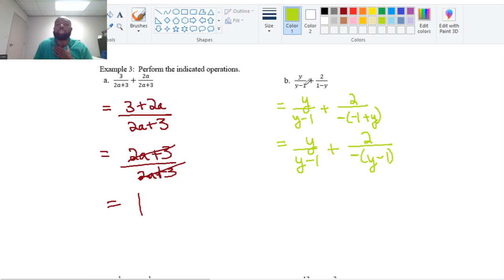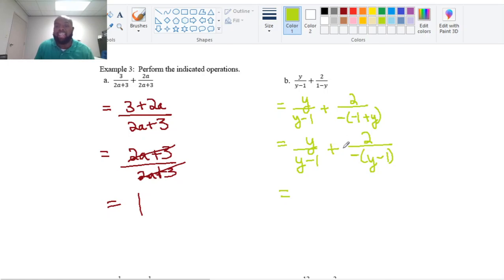So long story short, if you have a y minus 1 and you want these to be in the same order so that you can have a same denominator, factor out a -1 and you can switch the order, all right? Now, this is a positive divided by some negative value. When I have a positive divided by a negative, I don't have to write this negative under here. I can write this negative out front.